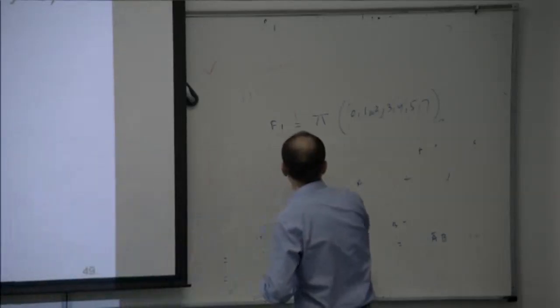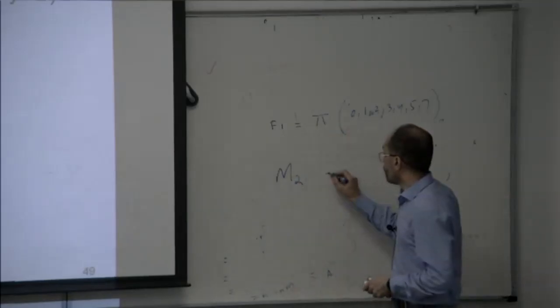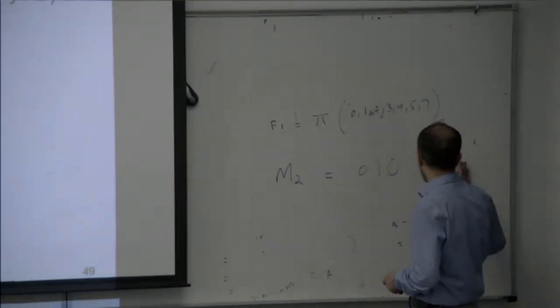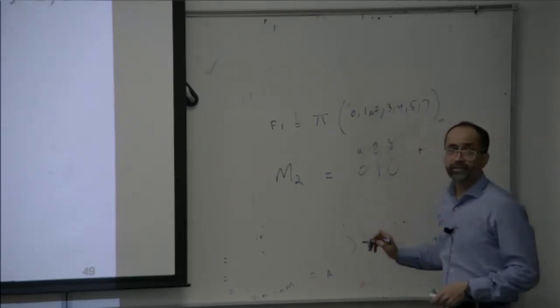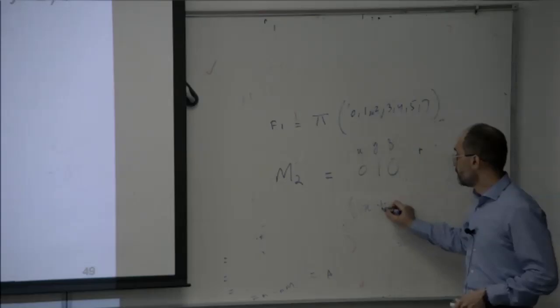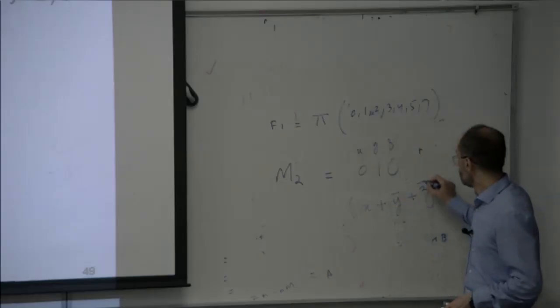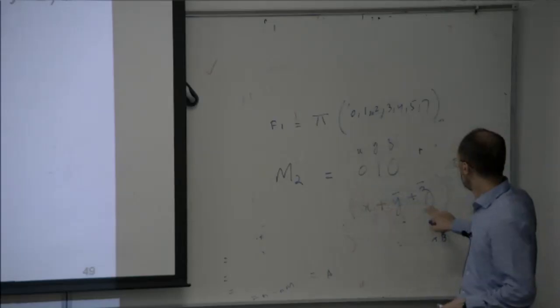We want to calculate capital M2. What is the binary of 2? How should we write it? X, Y, and Z. Yes. How should we write? X plus Y bar plus Z. Similarly, this is only for M2.